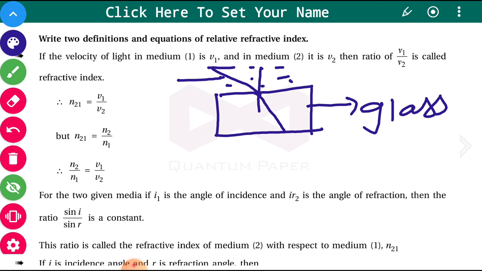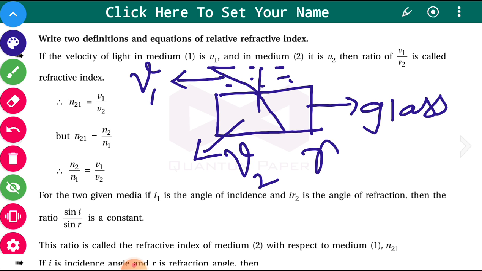Let the speed in the first medium be v1 and the speed of light in the second medium be v2. Now if you want to find the refractive index of medium 2 with respect to medium 1, you just take the ratio of the speed of light in medium 1 to the speed of light in medium 2.